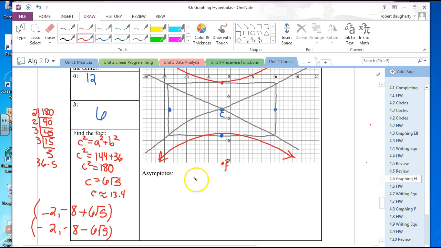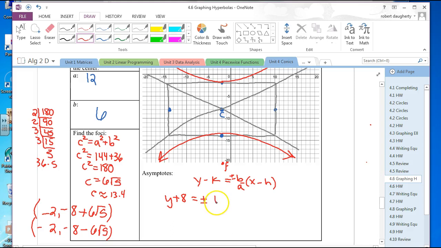What's the equation of the asymptote? y minus k is equal to what? Yeah, plus or minus b over a times x minus h. So in this case, it's what? y plus 8 equals plus or minus, what's b over a? B over a is what? 6, come on. 6 over 12.